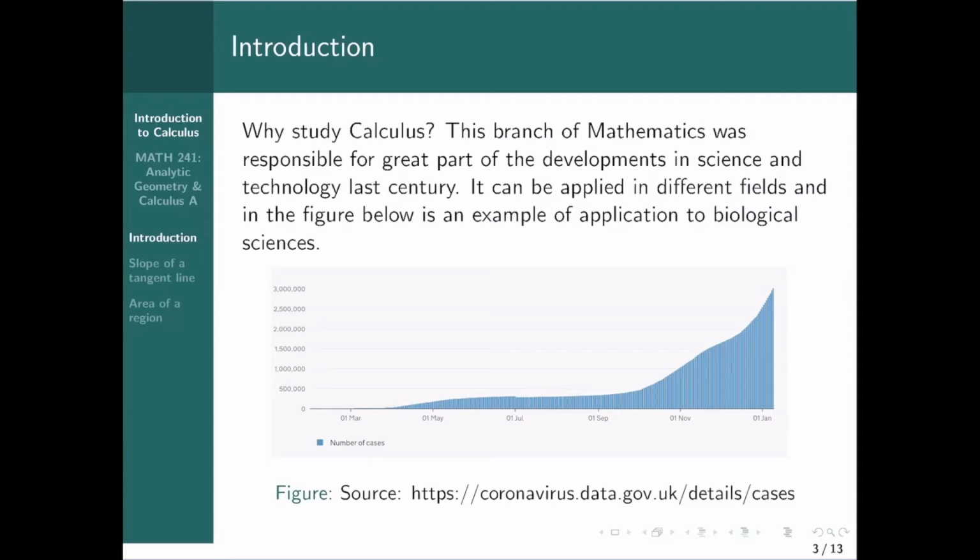Well, maybe you would think that it would take a very long time for the health system to be overwhelmed, which is not the case if we take a look, for example, at November, when the number of cases began to increase very, very rapidly. So if you knew calculus and if you knew that the growth was given by an exponential model, you could take some measures to avoid overwhelming the health system.